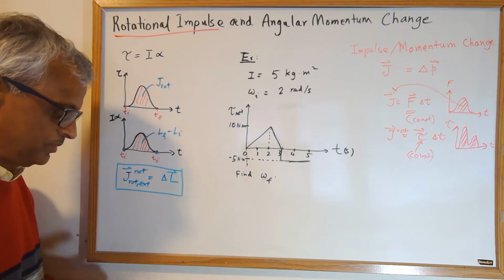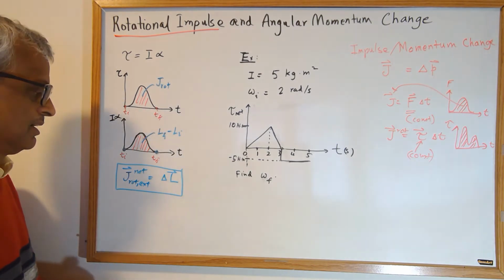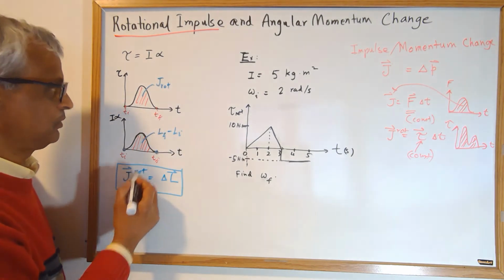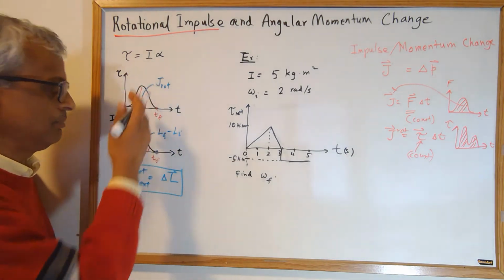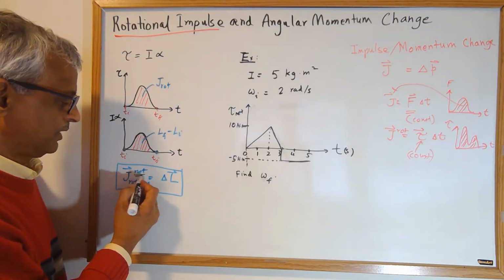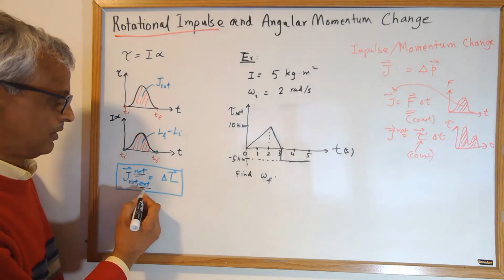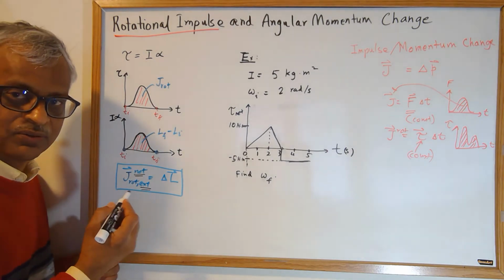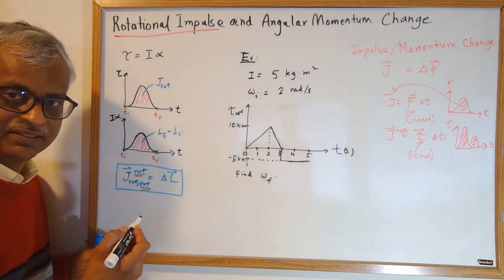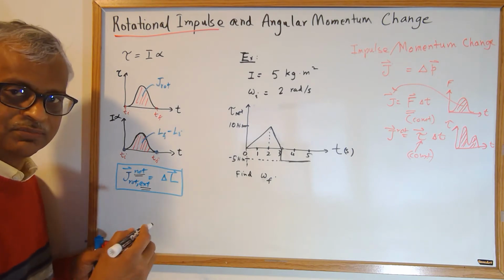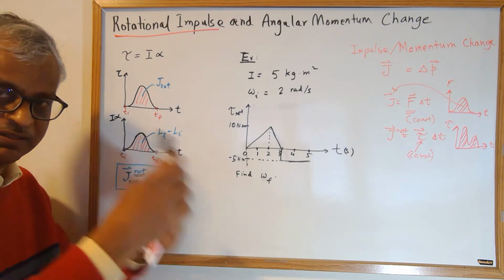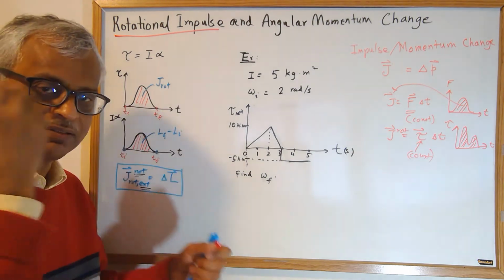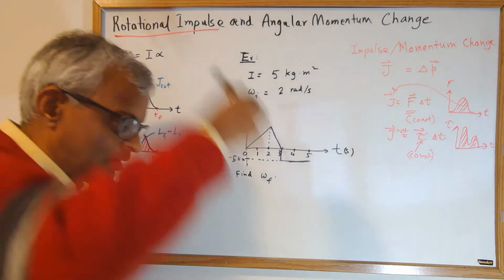I haven't proven this, but you can prove that if you add up the torque impulses from the external forces only, if you have more than one body in your system, say a human body with this arm, and my body is rotated.